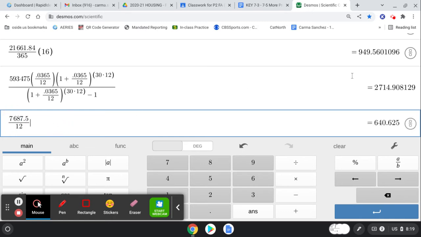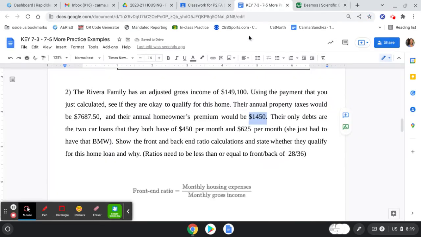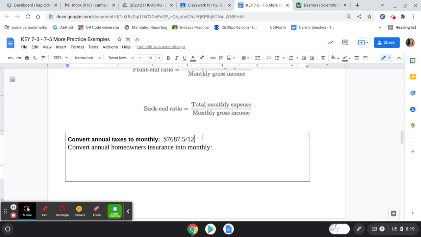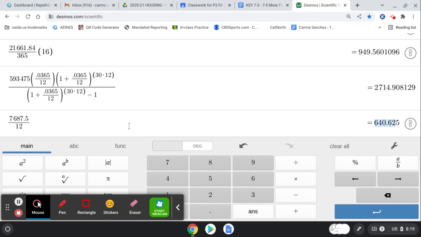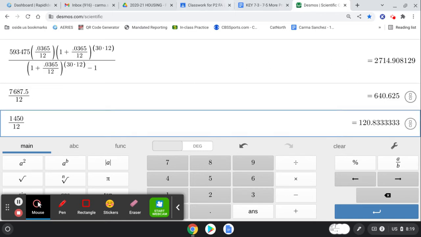And it doesn't like dollar signs or commas. So this is going to be $640 and 63 cents. And then let's go do the $1,450 divided by 12. And that gives us $120.83.